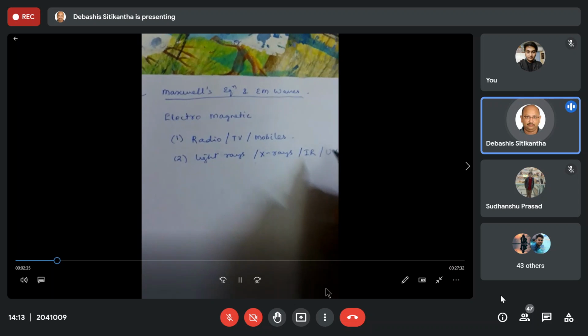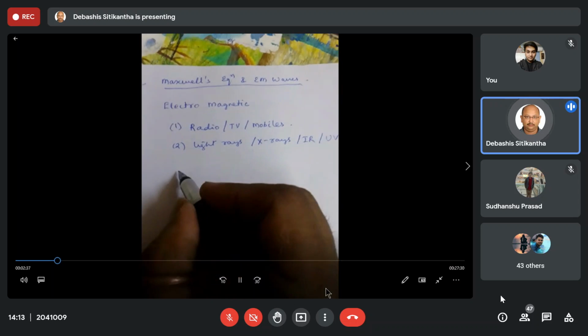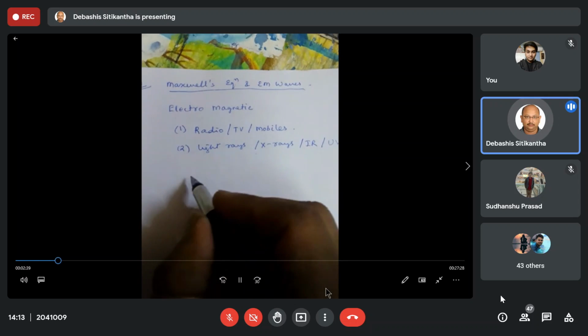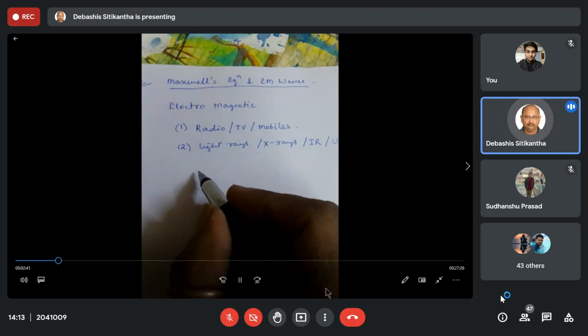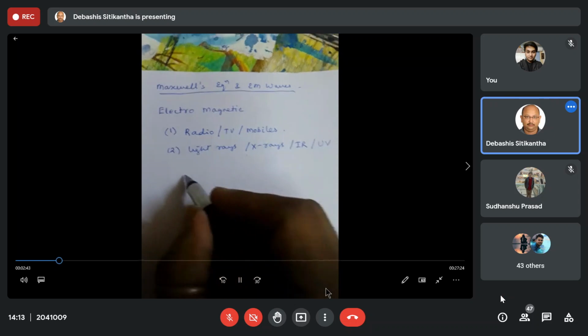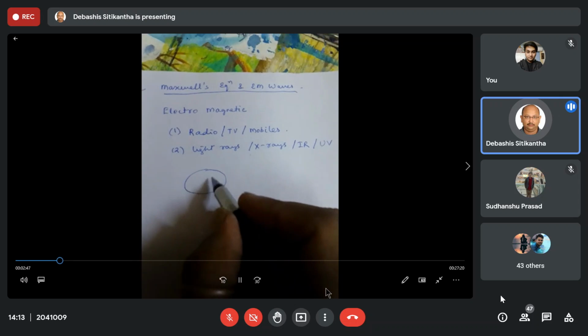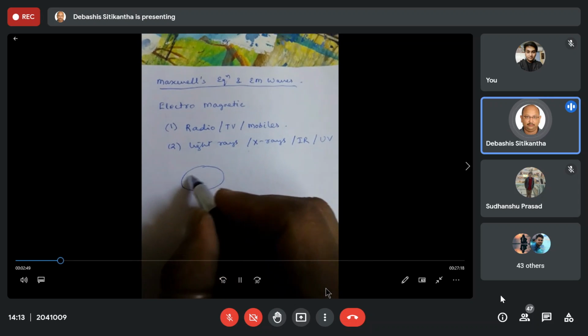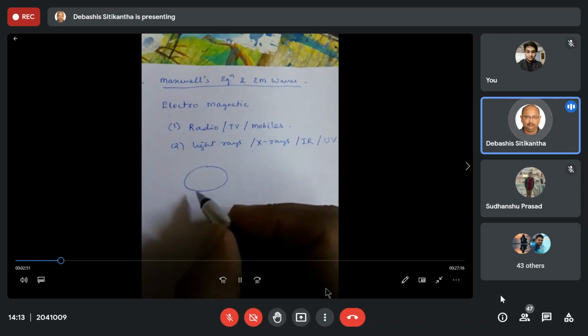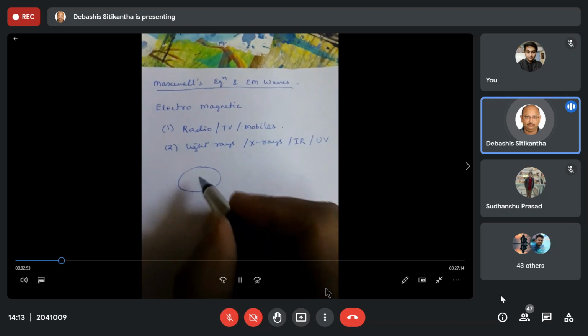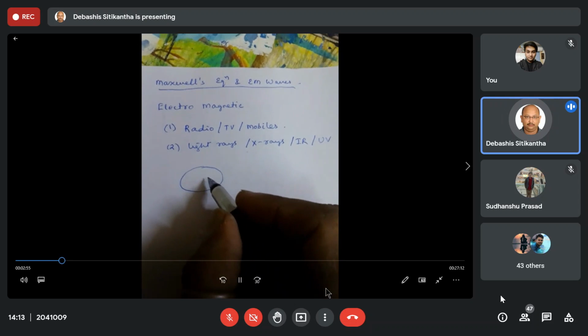Now, what are electromagnetic waves? Suppose in a pond I drop a stone. Suppose this is a pond, and in this pond there is water, absolutely stagnant, let us say. If I drop a stone, what is going to happen?